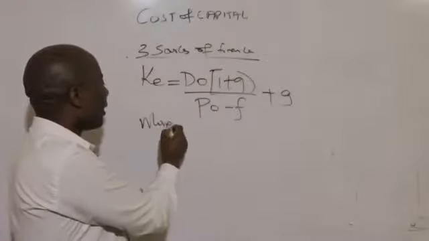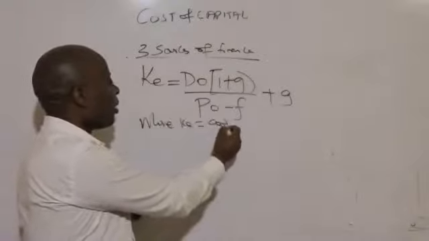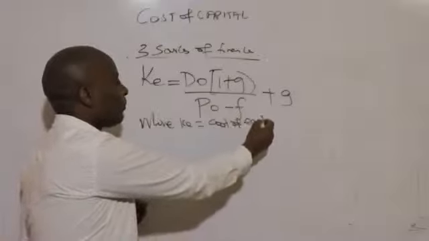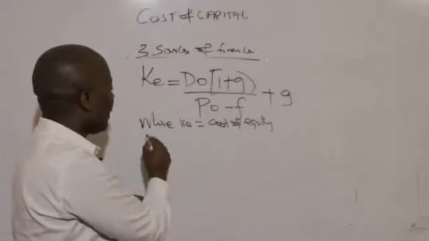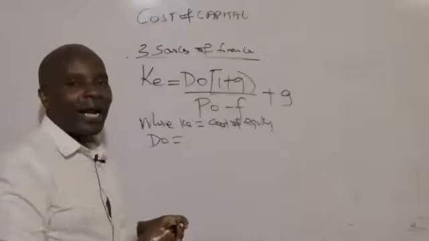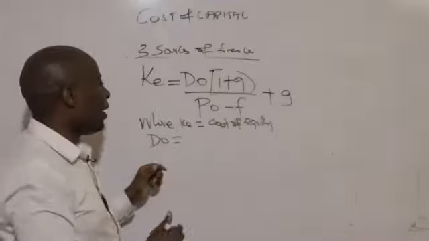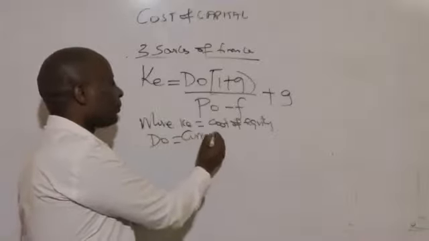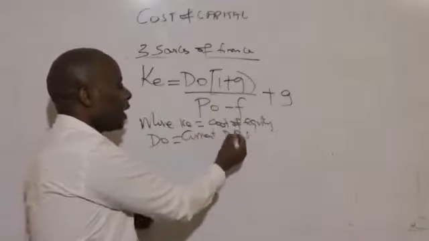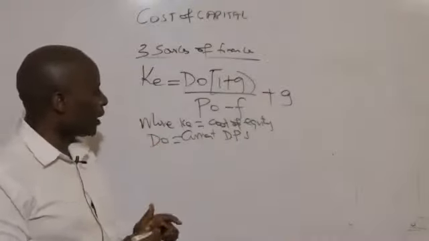Where KE stands for cost of equity. D0 stands for current dividends per share; 0 means today. Please write in full: current dividends per share.